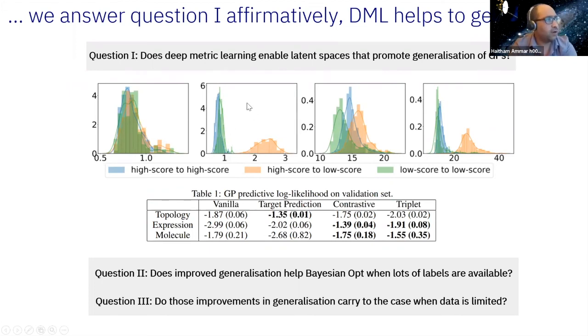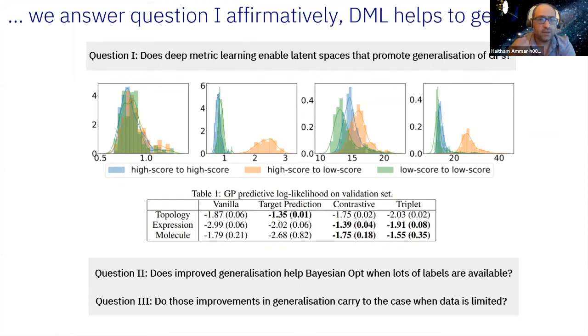And on the second, like 1, 2 in figure 2, that's what we see after we apply metric learning. So again, you could see that the high score points get close to each other, low score points get close to each other, but now the distribution of distance between high and low score is a little bit far away. And that's similar with respect to the molecules.